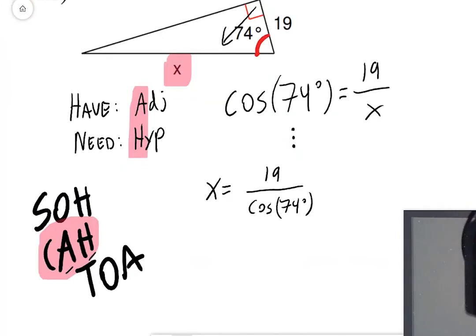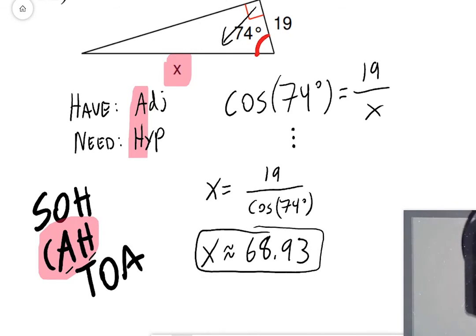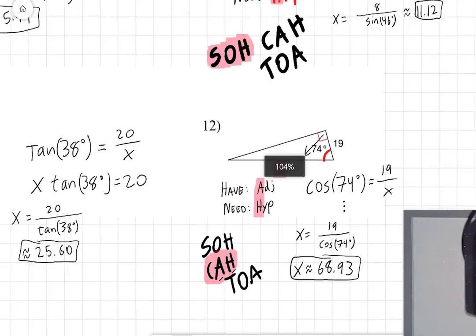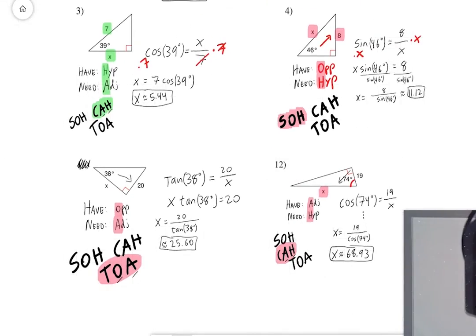That makes much more sense. X is approximately 68.93. So there you have a grand total of 6 example problems.